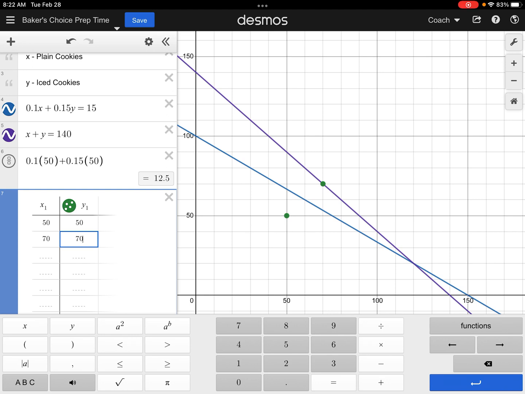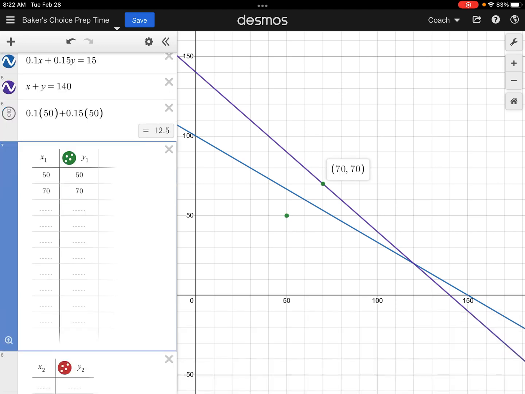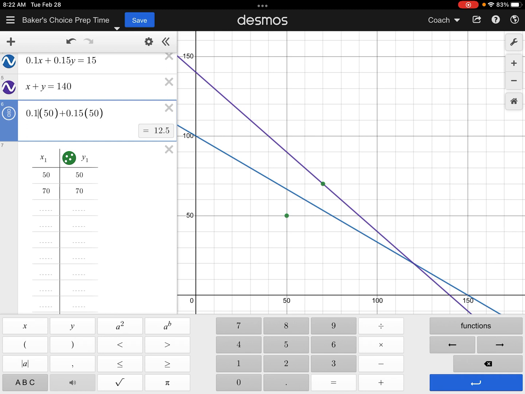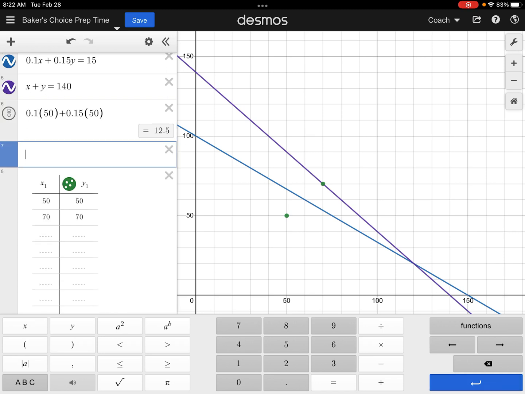Remember, that was one of the very first ones that we said. It was right on the line, right equal to 140. But this point here, 70 and 70, it looks to be above that blue line. So let's verify that that's going to be more than 15 hours.